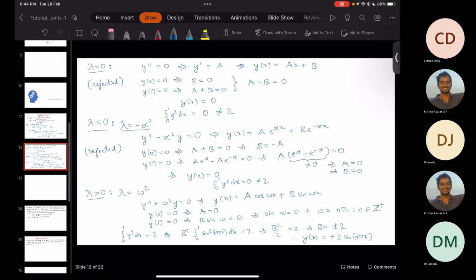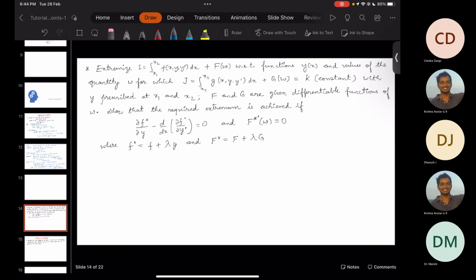Okay, let's solve the second problem here in this isoperimetric problem. So this is more of a showing problem, in the sense that we need to derive some quantity eventually.